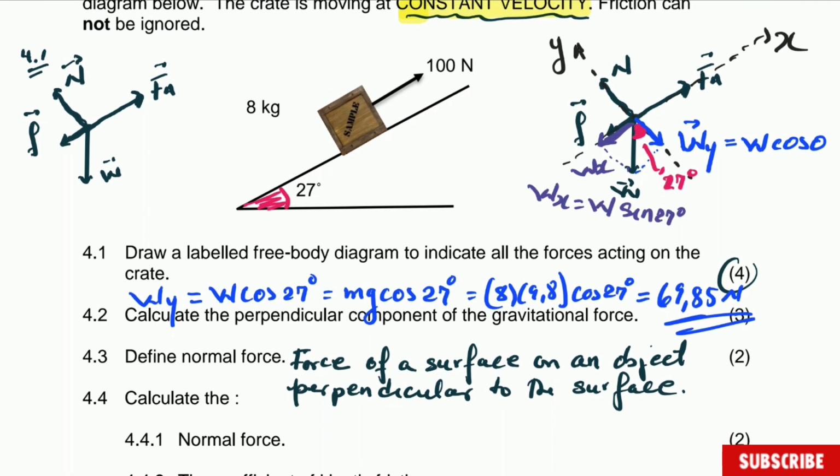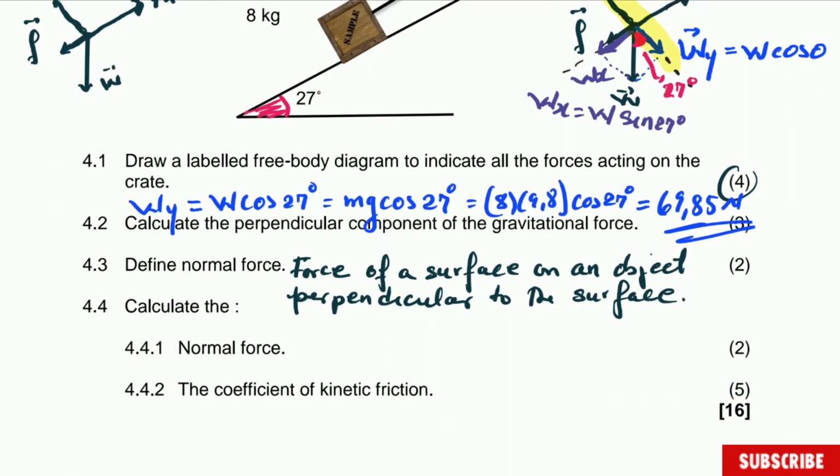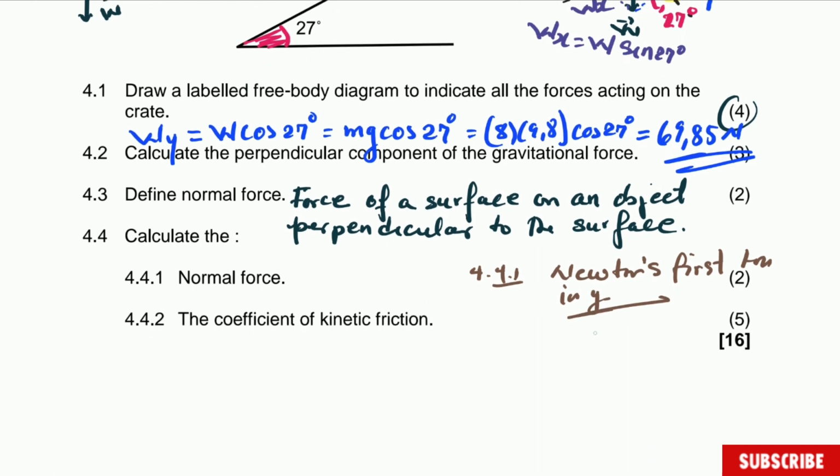If we're going back to our free body diagram, not the one from Mark, but this one we draw here to work, you can see the normal force is in the y-axis, and the two forces in the y-axis are the normal as well as the weight in the y-axis. So in other words here, if you use Newton's first law for question 4.4.1, Newton's first law in y, what we have here, that F net is equal to 0.